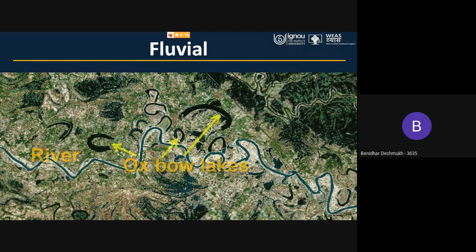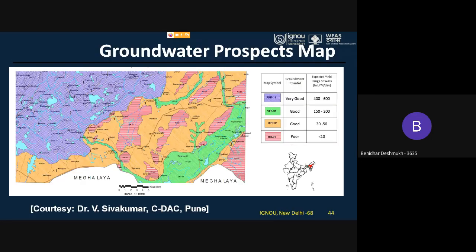This is more common, particularly in the eastern part. This is the main river, the bluish one, and the dark, black ones are the oxbow lakes. Now, when we talk about water, we can also talk about groundwater. This is a map that shows the groundwater prospect map for an area in Meghalaya, and all those areas have been categorized into 4 zones.